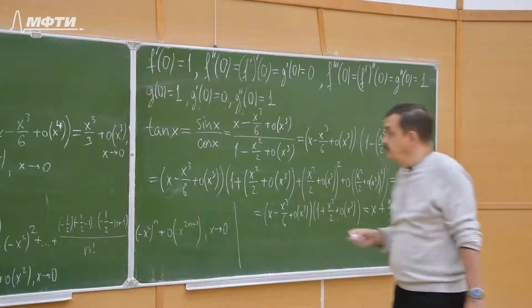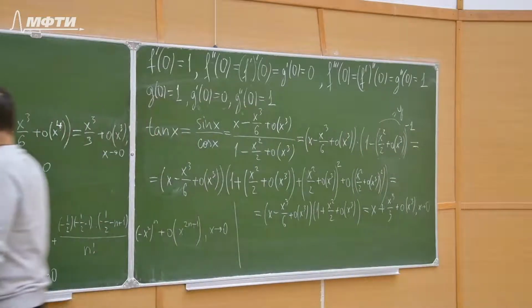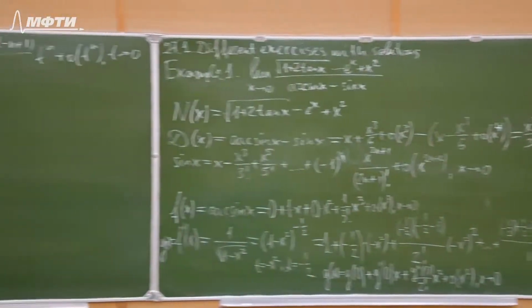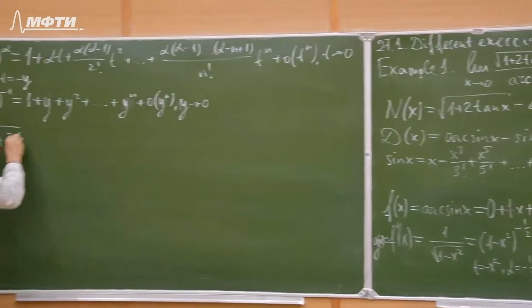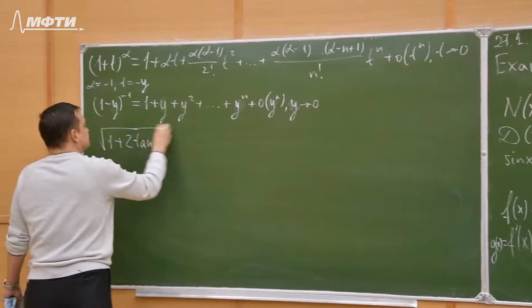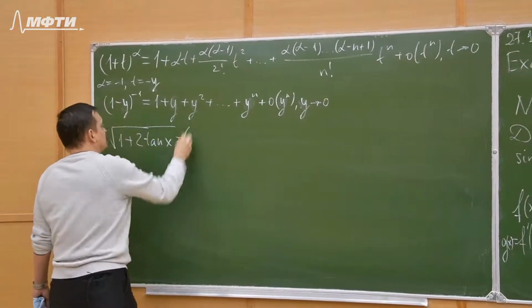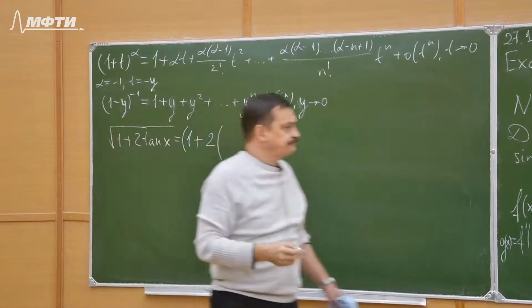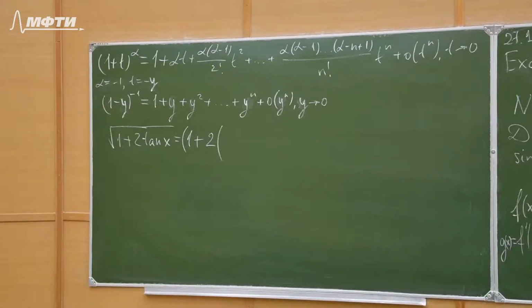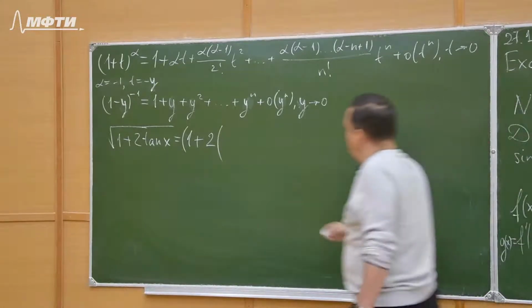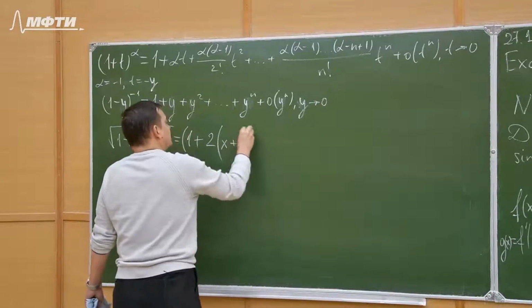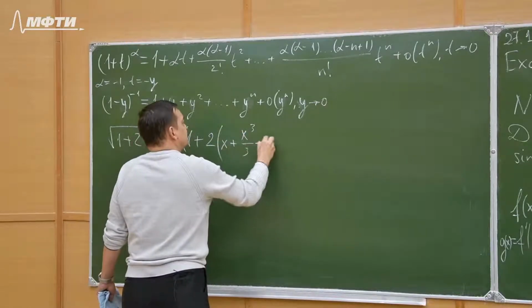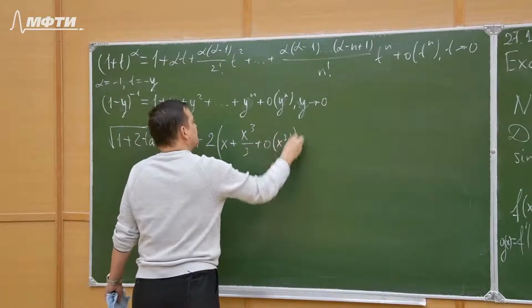Now let's continue with square root of 1 plus 2 tan x. That is 1 plus 2 times x plus x cubed over 3 plus little o of x cubed.